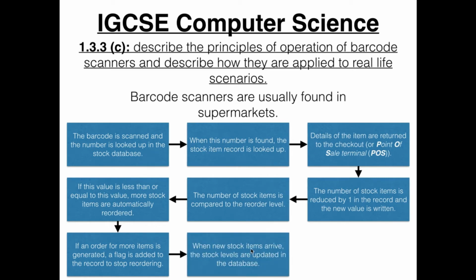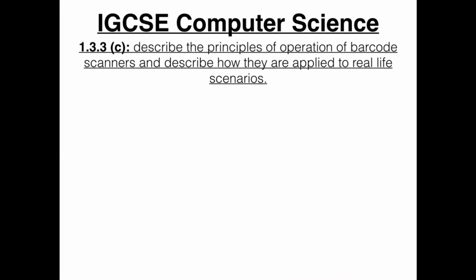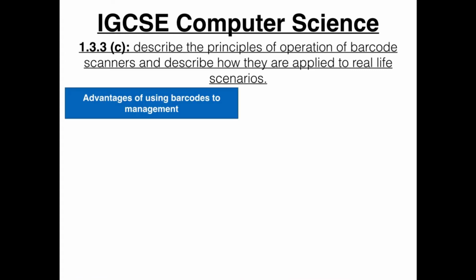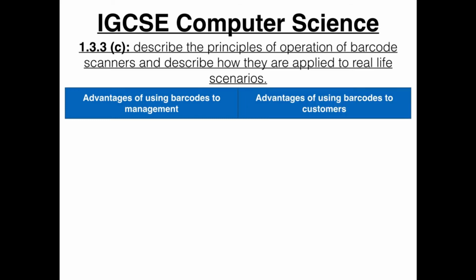And when new stock items arrive, the stock levels are, of course, updated in the database. So let's look at the advantages of barcodes to management and advantages of barcodes to customers. There are a few disadvantages, such as, as I stated earlier, maybe reading errors of some sort.